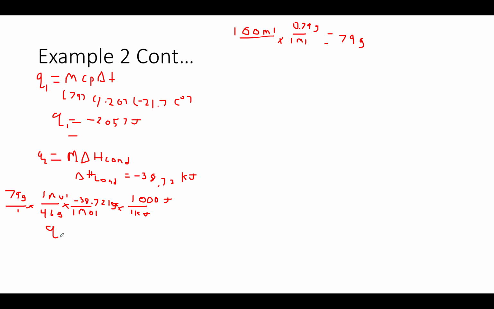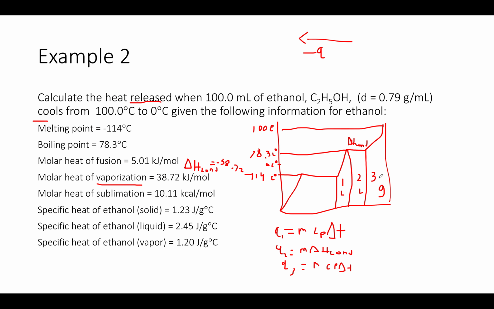Q2 equals negative 66,497 joules. One more Q, Q3, or I guess Q1, whatever you want to call it.